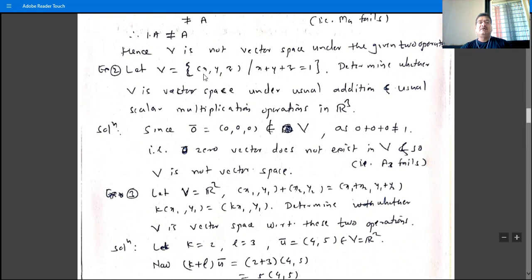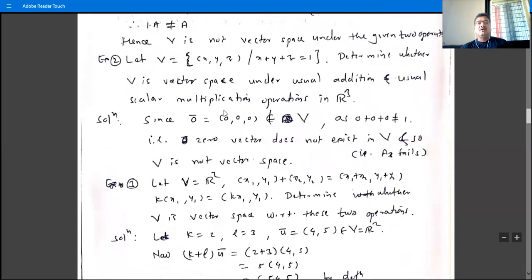For example, (1, 0, 0) or (1, -1, 1) is an element of this set, because their addition is 1. So this is obviously a subset of R3. And what are the operations on this set? The usual addition of three-tuples and usual scalar multiplication. These are the operations in R3, and these are defined on this set V. And now we have to determine whether this V is a vector space.